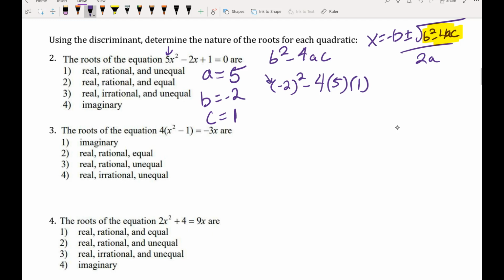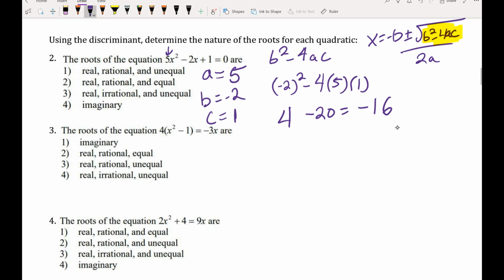Don't forget those parentheses there. If you do forget them, your calculator doesn't know what to do with that negative, so a lot of the times you might get one of the wrong answers here. Okay, negative 2 squared is 4, minus 20 is going to be negative 16.